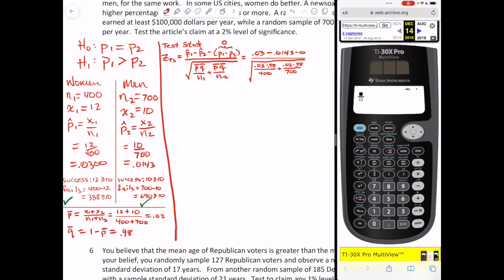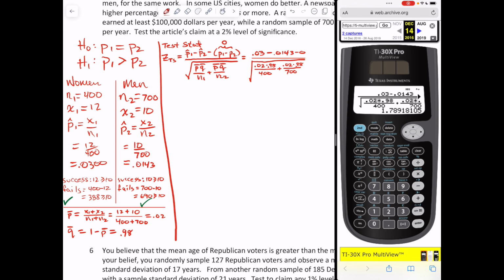So the fraction on top, 0.03 minus 0.0143 over square root of a fraction 0.02 times 0.98 over 400. Next, we want to add in another fraction, same numerator, 0.02 times 0.98, and this will be over 700.